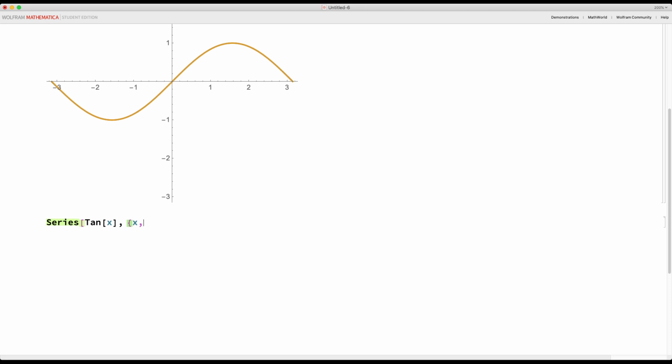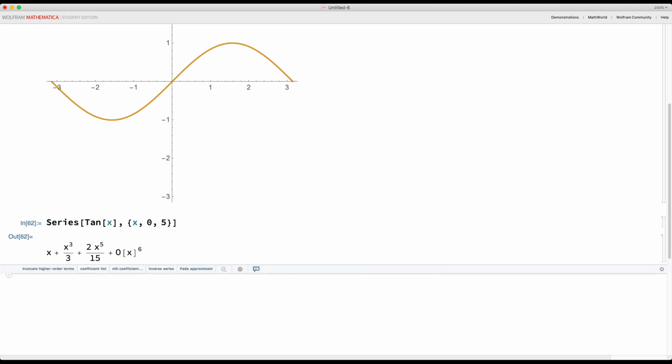Hold on, let me make sure I remember. Oh, 0 comes next, yes. Huh, looks like we nailed it, right? The next term that I've omitted, of course, there'd be something to the 7th term. And if I wanted to find out what the next one would be, well, let's just go out 10 terms and see what we get.